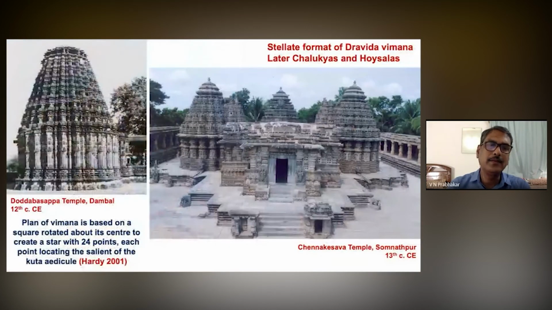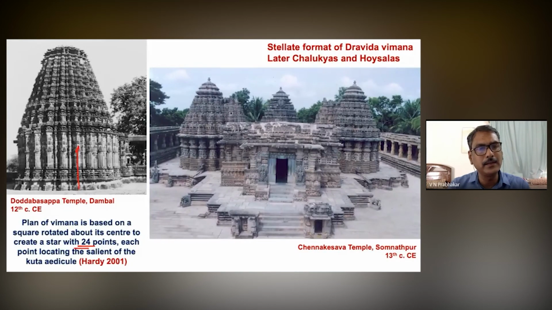And we see variations of this Dravida style in the case of the Hoysala dynasty, who followed a stellar pattern. They have converted the square and turned it into at least 24 points, creating a star with 24 points, so that they can project each form up to the top.